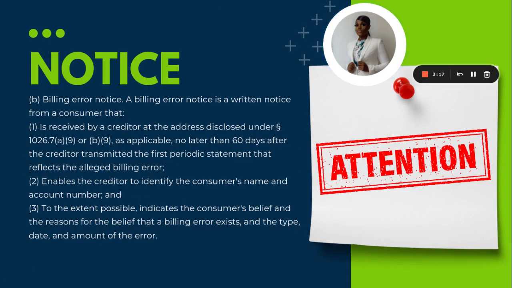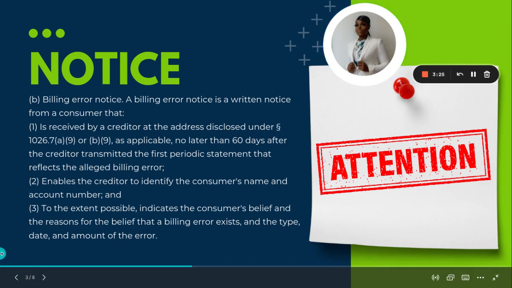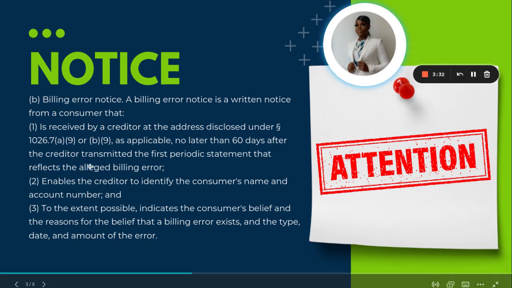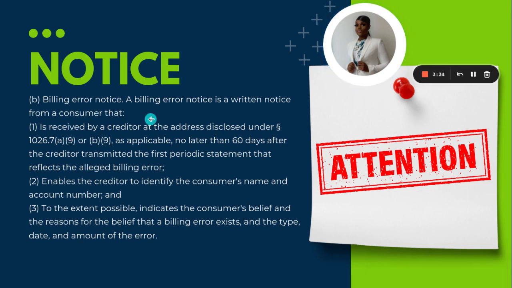Now, you do have requirements under law to provide the creditor with a notice. So you do by law have to provide your billing error notice to them. And this is the requirement per 12 CFR 1026.13(b). A billing error notice is a written notice from a consumer. So you have to do that. That's your requirement.